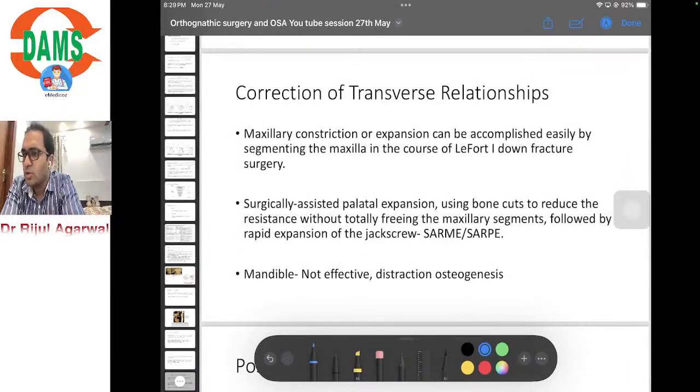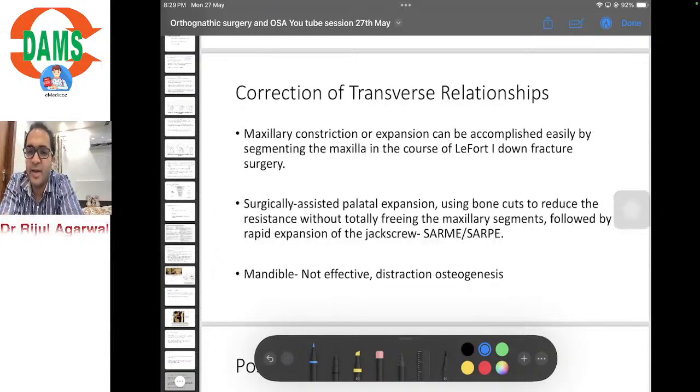Okay, so for correction of the transverse relationship, maxillary constriction or expansion can be accomplished by segmenting the maxilla. As we all know, the mid-palatal suture fuses once growth is completed, after 13 years of age. After that, no expansion appliance will work, so we need to cut that suture first, and then we can bring about the expansion using any appliance.